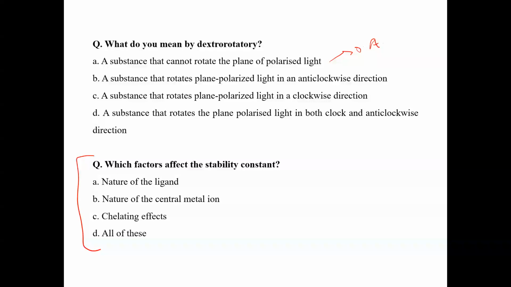Okay, and a substance that rotates plane polarized light in a clockwise direction will be dextrorotatory, and in anti-clockwise it will be levorotatory. Okay, and the second one, which factors affect the stability constant: nature of the ligand, nature of the central metal atom, and chelating effects. The stability constant is affected by all these three.